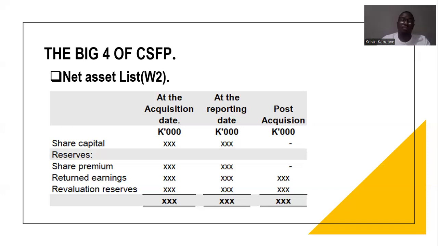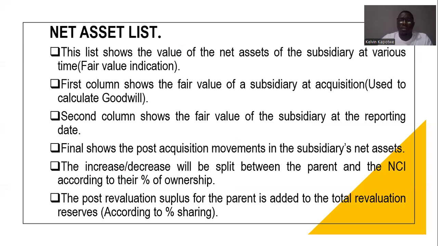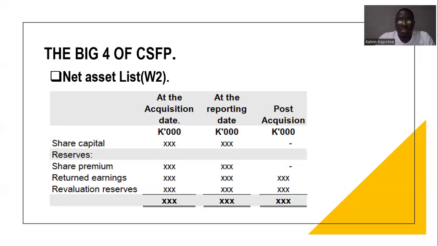So the next screen that you see there, now let me just highlight something here before I even move on to the next screen. Because what I've basically done is explain what is happening there. I've actually explained the next screen. So the first column, which says at the acquisition date, okay?